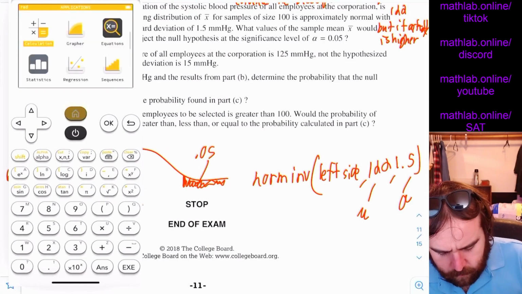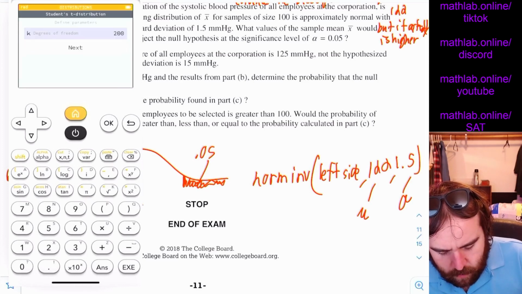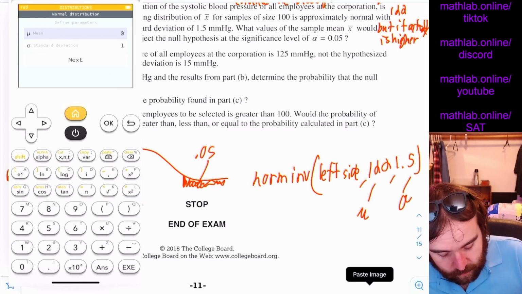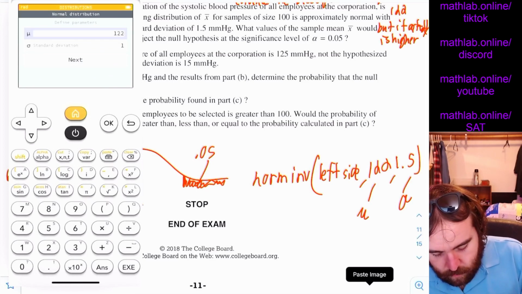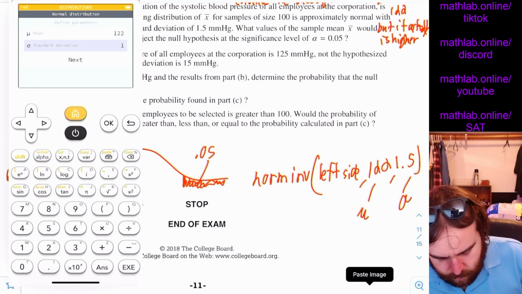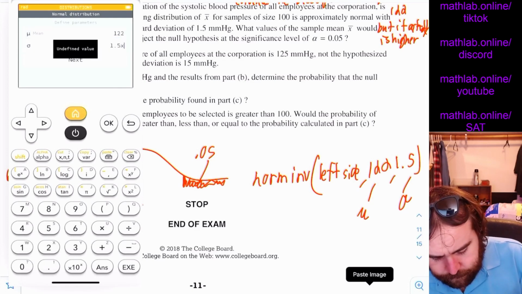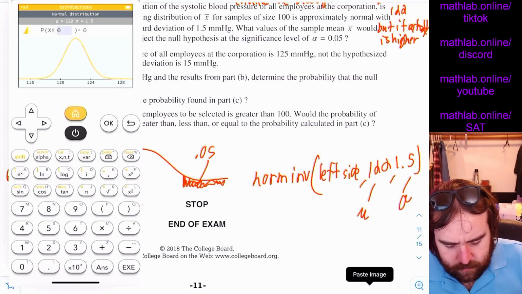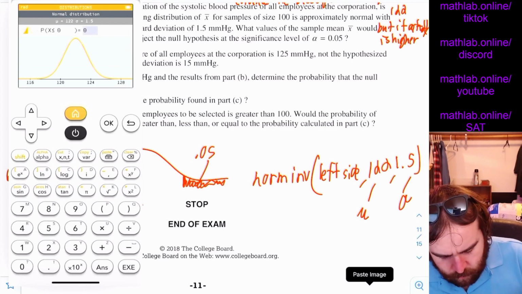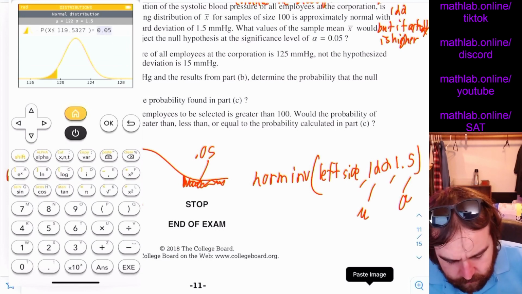Well, not our formula. We're going to go to our distribution. So here, boom, normal. The same place you do it the normal way. So 122, standard deviation of 1.5. That's a very small standard deviation compared to how high the blood pressure is. And then we want to know what is the area that is 0.05.